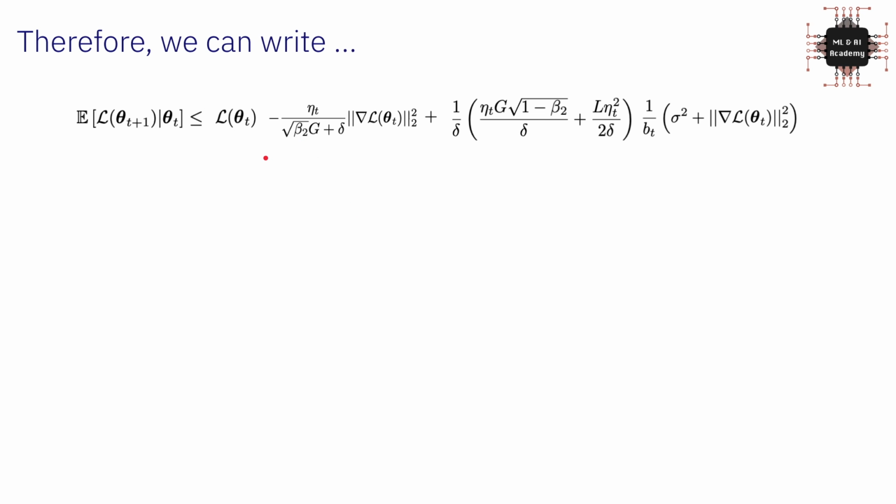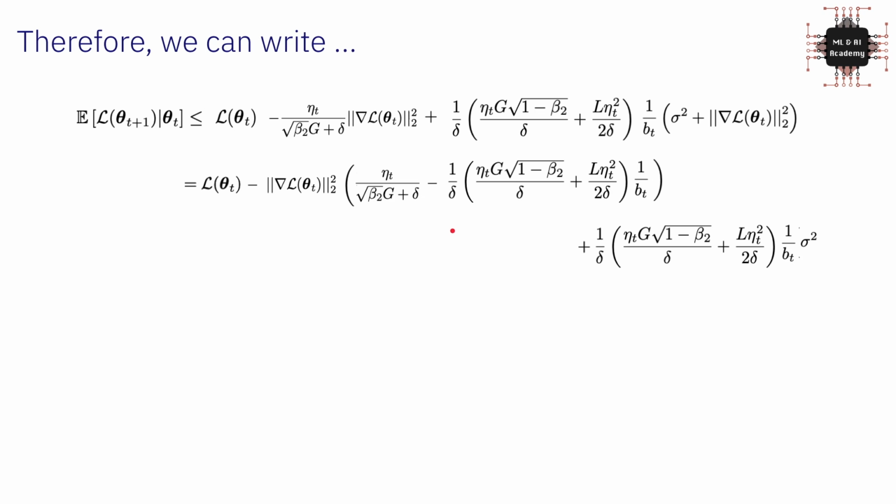Accumulating everything we have done so far, we are able to say that E of the objective at theta_t plus 1 given theta_t is less than the loss at theta_t minus this constant, if eta_t is constant, times the norm of the gradient squared, plus another constant right here, times something about the norm of the gradient squared, multiplied by something of the bound of the variance, and a batch size that is time dependent. It turns out it's very crucial to have a batch size that is time dependent, as we will show in a second.